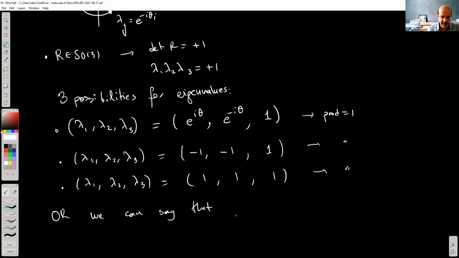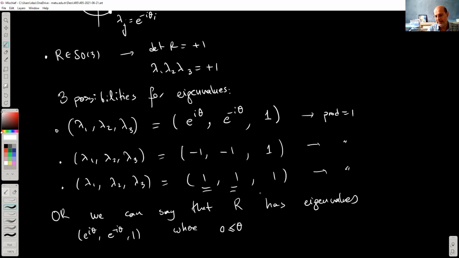Just a moment, let me think about this. Or we can say that R has eigenvalues, let's say e to the i theta, e to the minus i theta, 1, where theta can be 0, in which case I'm including this possibility in here, or less than pi, or equal to pi, sorry.